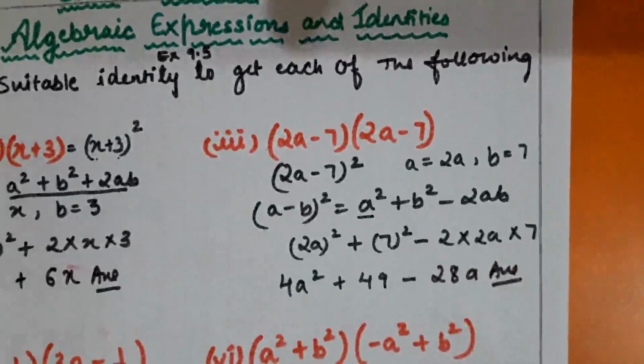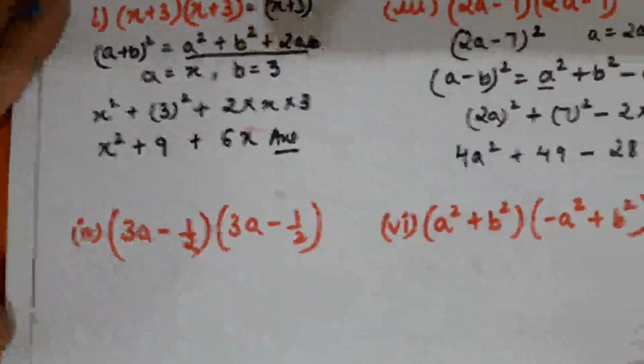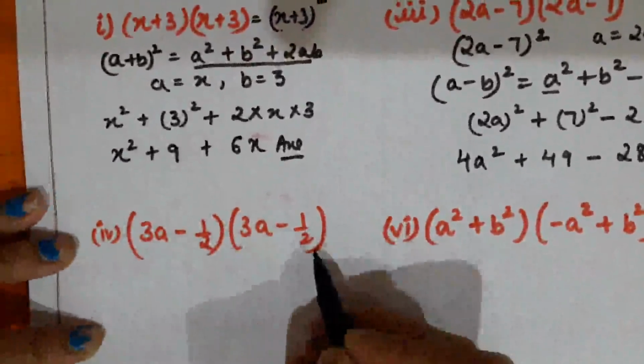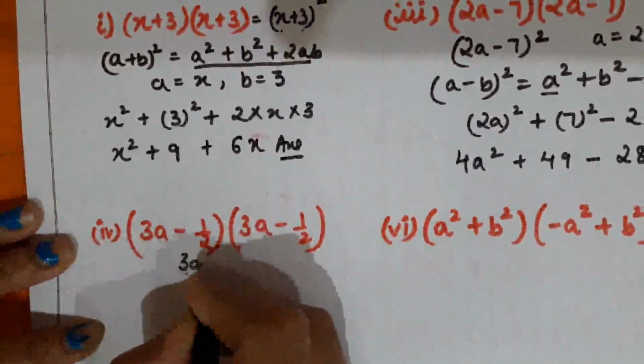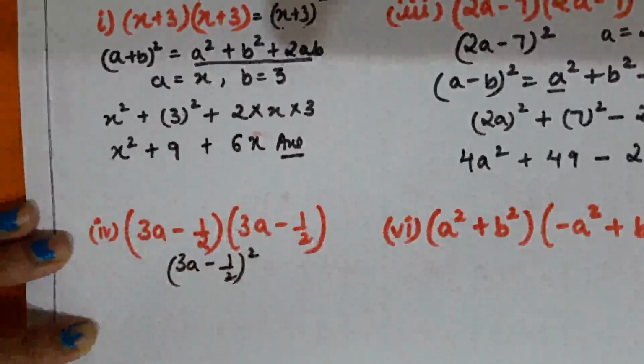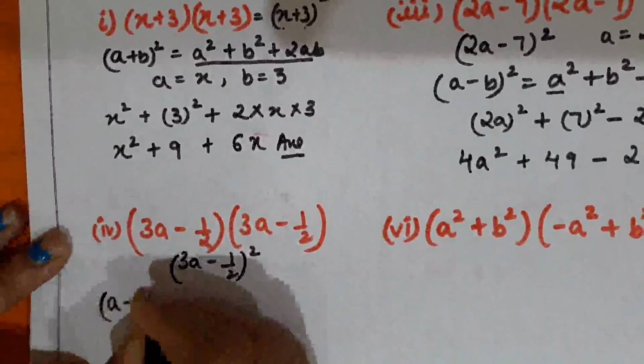Okay. Now let's move to the next part, fourth part. See, (3a − 1/2)(3a − 1/2). We can write (3a − 1/2) whole square. So again, which formula is coming out? (a − b) whole square.